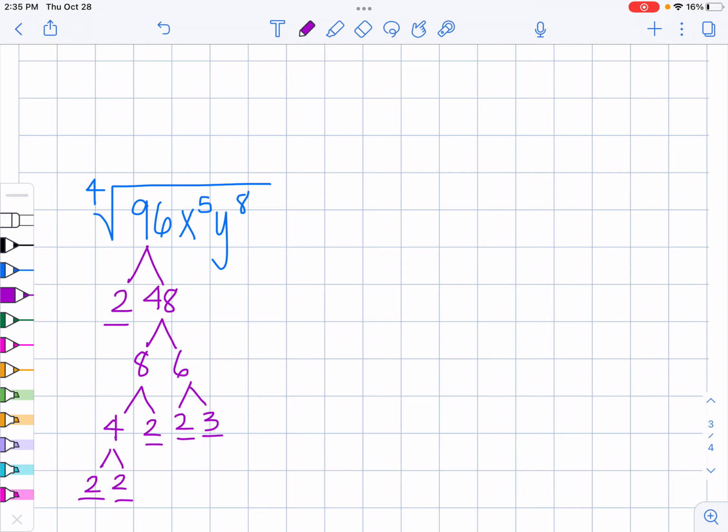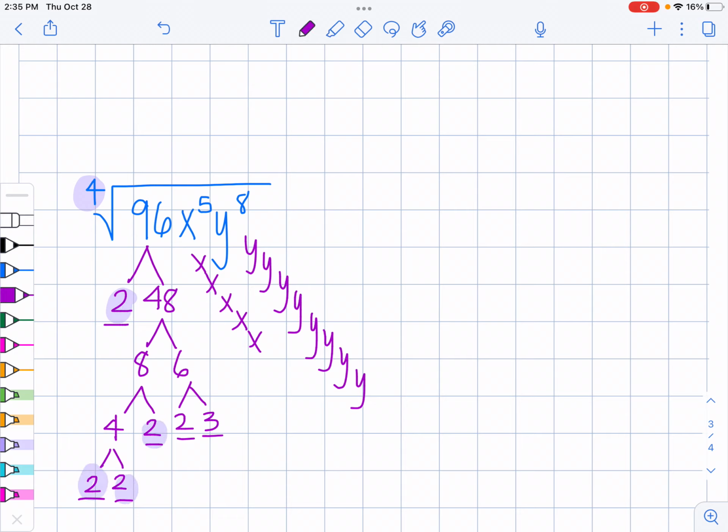Okay, now I got to do my x's. I have 1, 2, 3, 4, 5 x's, and I have 8 y's. 1, 2, 3, 4, 5, 6, 7, 8. Okay, I need 4 of a kind to take out some base. Okay, so I have 1, 2, 3, 4 2's.